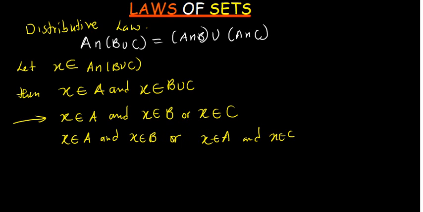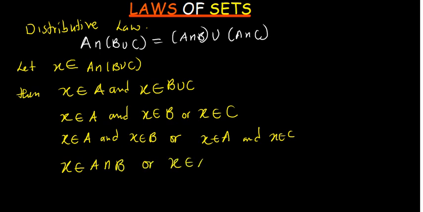And then from here, we'll say X is a member of A, where there is and, we'll put intersection B, and then we have or.